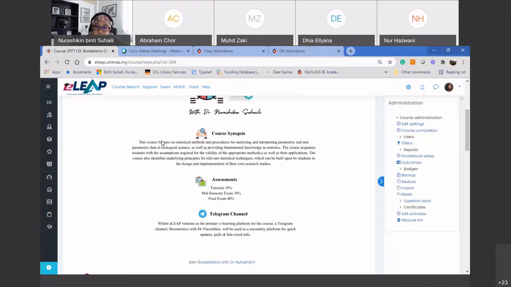For the assessments, we have 3 components. The first is tutorials, which are to be done in a group. If I'm not mistaken, there are 3 tutorials altogether, and you have to submit all of them. I will give the instructions for that later. The tutorials carry 30%, the mid-semester exam carries 30%, and the final exam carries 40%.